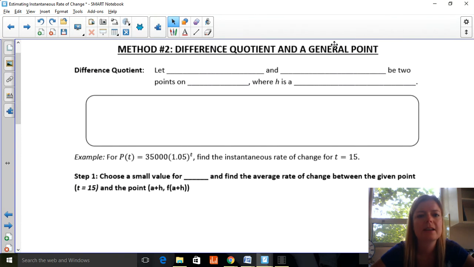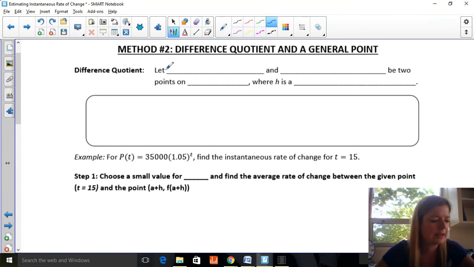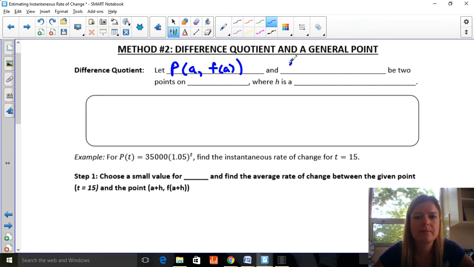Okay, so the second method is called the difference quotient. In this case, you let the point P be (a, f(a)). Okay, so that's the point of tangency. And then the second point, Q, has its x value as a plus h, and then you have f at a plus h.